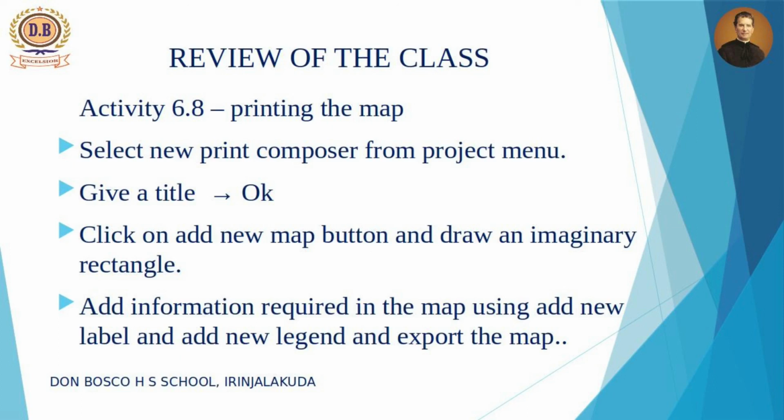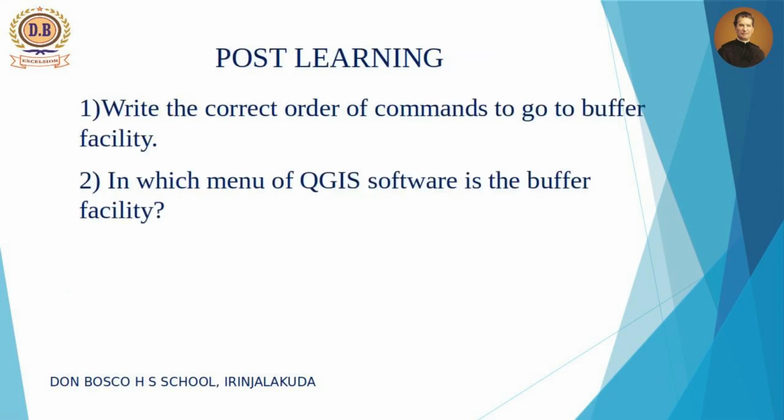After that, we can add the information required in the map using tools like add new label. We can give a heading to our map, and also use the add new legend option in order to view the layer palette. Finally, use the export option and export the map into SVG, PDF or PNG format. This export button we can view in the composer menu. So this is the last and final activity in this chapter.